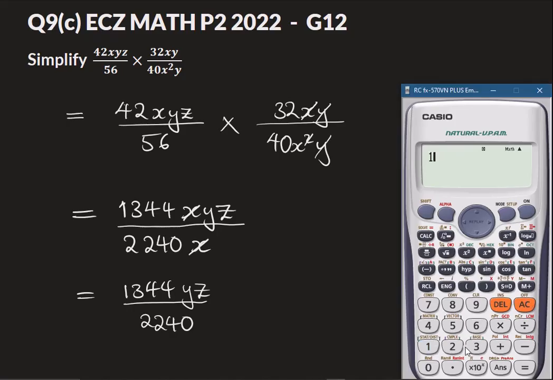So you go to your calculator, type 1344, then hit this fraction button here, 2240, then hit equals. You can see that my calculator has given me the simplified form, which you would have also gotten if you did your hand calculations, but you are permitted to use a calculator in mathematics paper 2, so make sure you utilize it well.